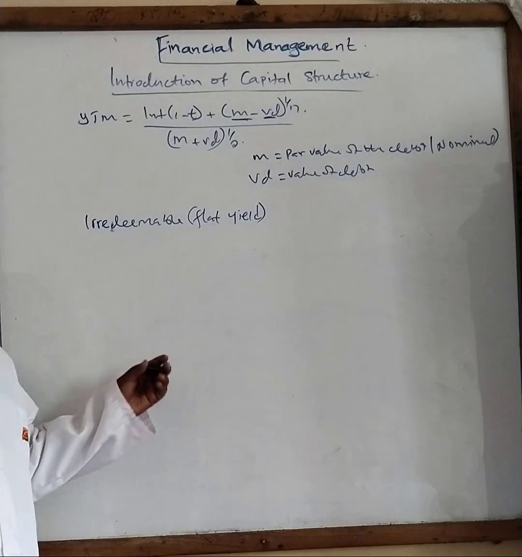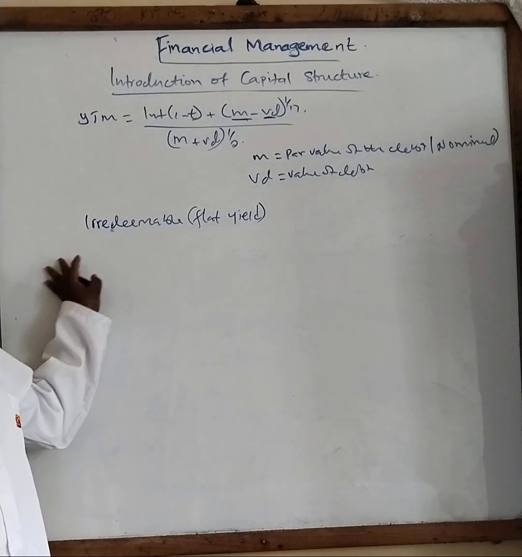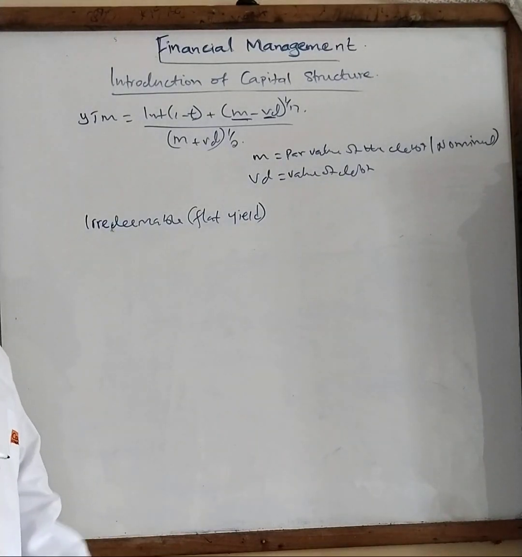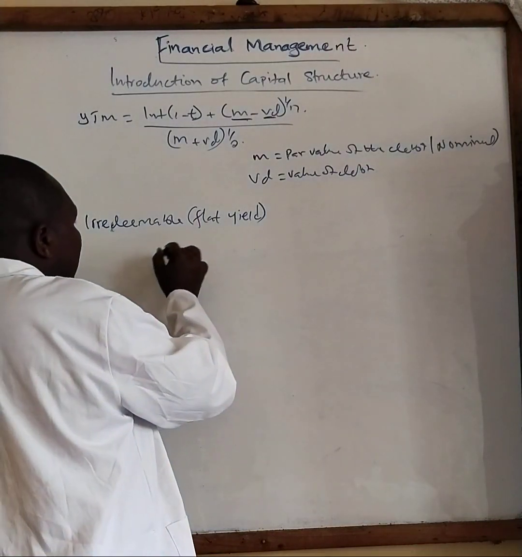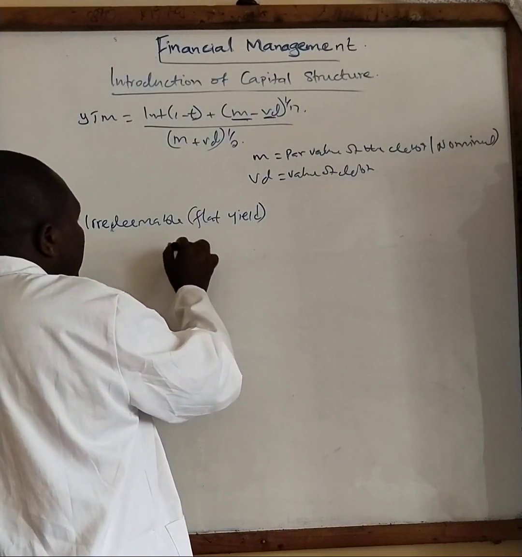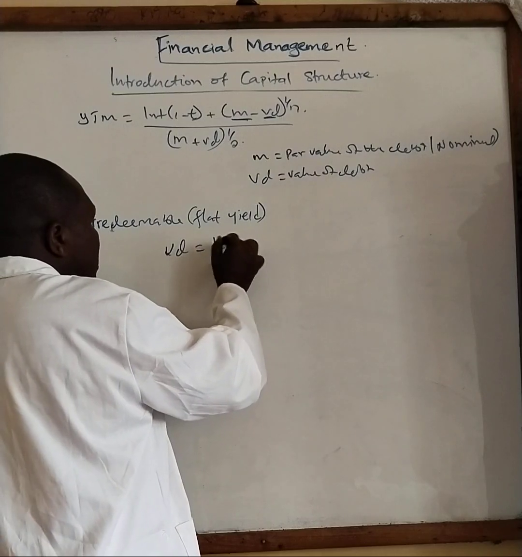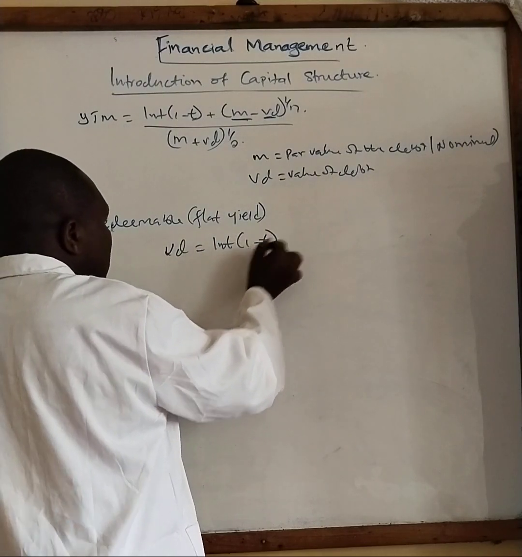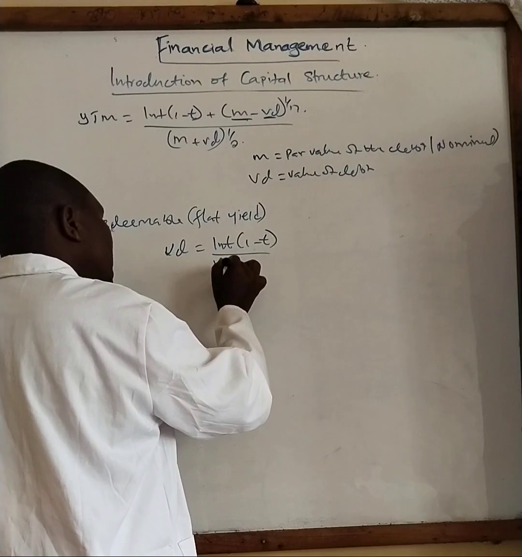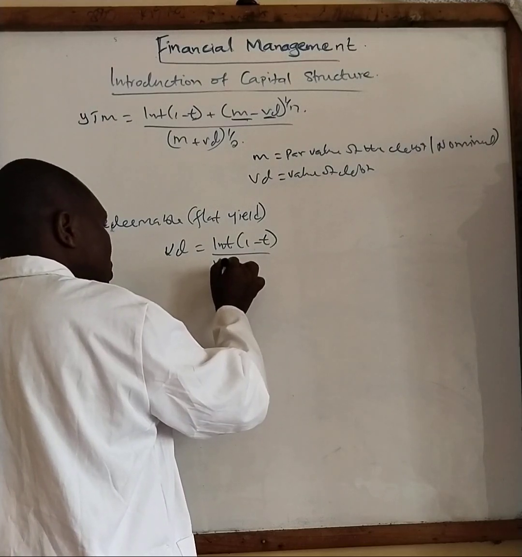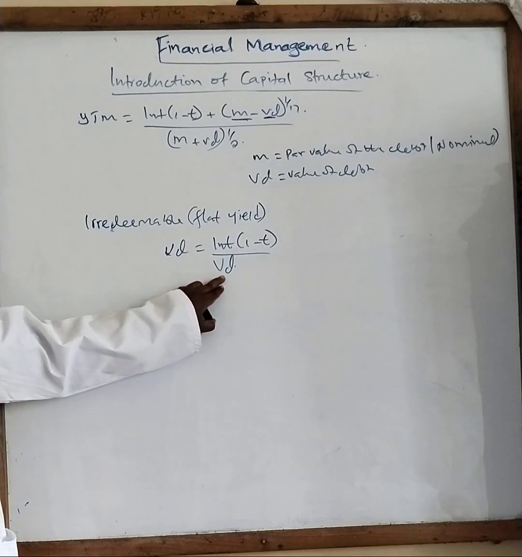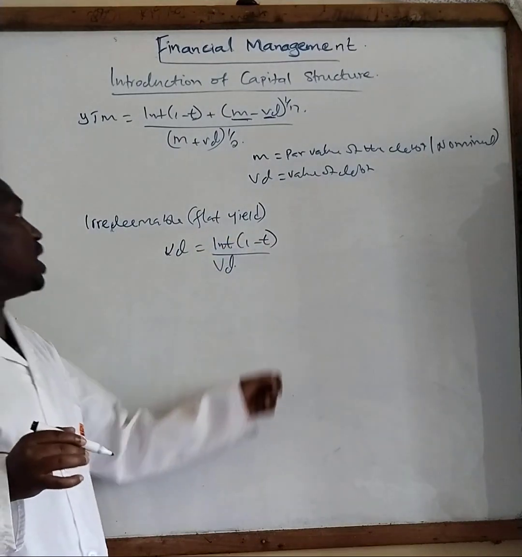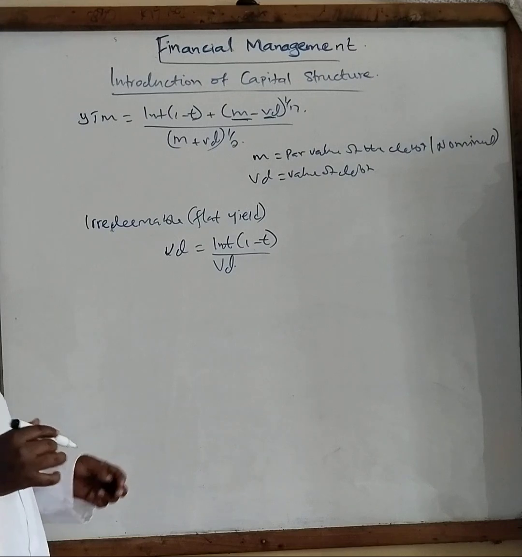The entity will continue for the foreseeable future, meaning that there will be no end of that particular loan, so you will not be able to buy the loan back. So therefore we can now say, okay, for that case, we can say cost of that debt is given by int into brackets 1 minus t over the value of the debt. Value of the debt means the market value. So when you subtract now, you will be able to get that.